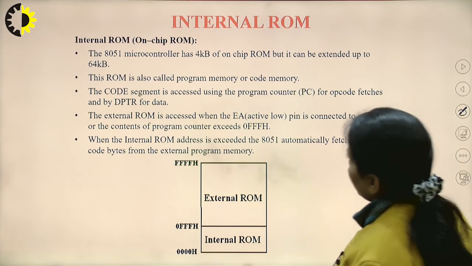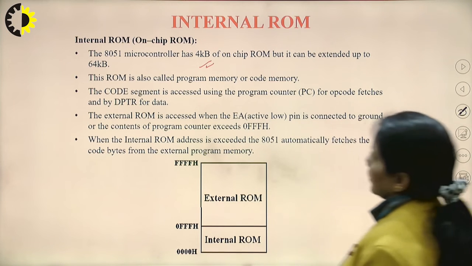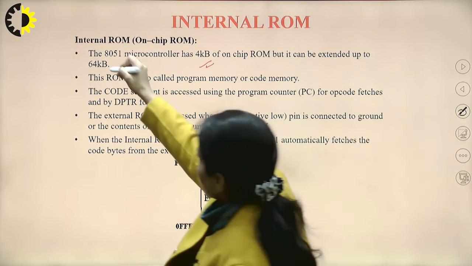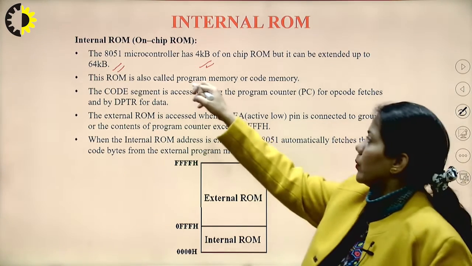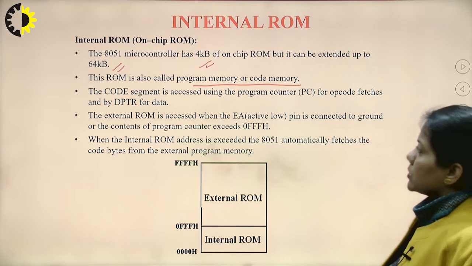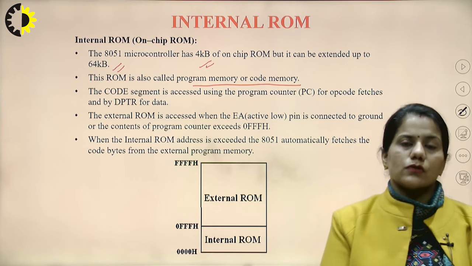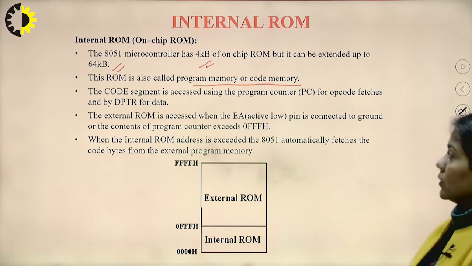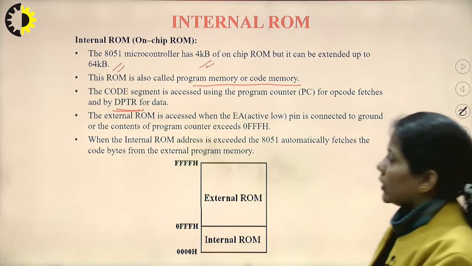Now when we talk about the internal ROM, it is 4 kilobytes of read-only memory, and it can be extended up to 64 kilobytes. It is also known as the program memory or the code memory. The code segment is accessed using the program counter, as we all know that the program counter always holds the address of the next instruction, and the DPTR is used for data access.